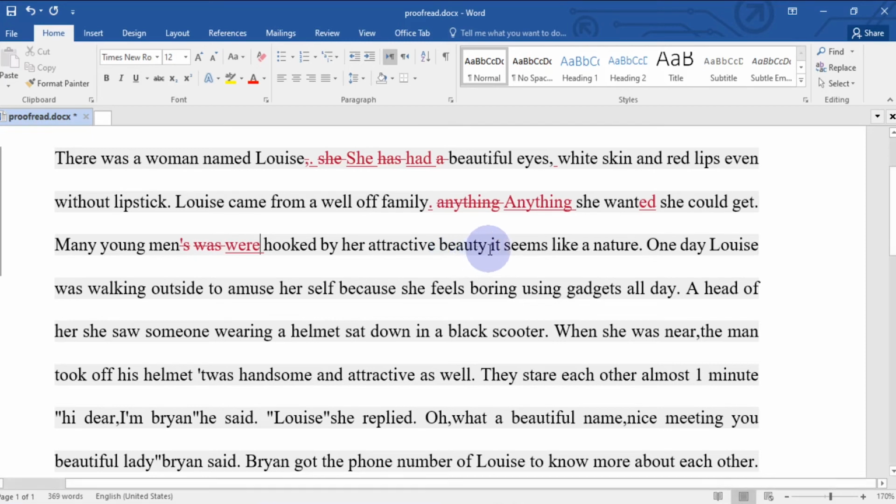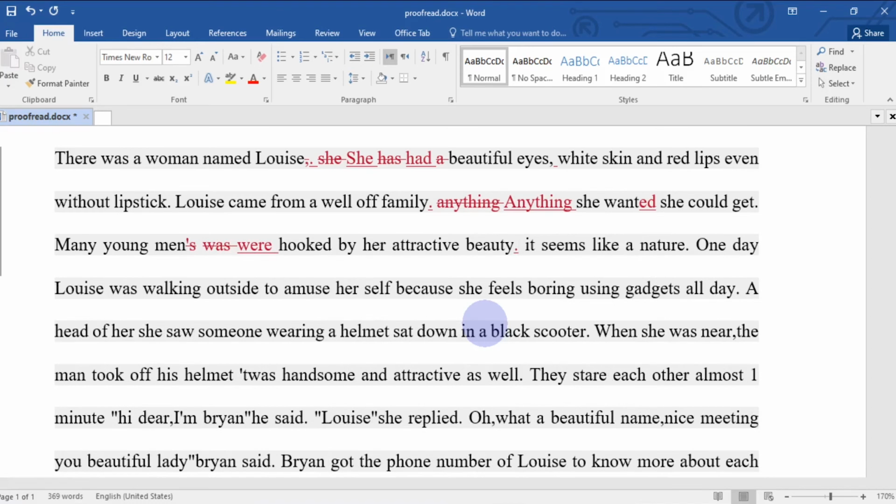Now, this is a new sentence. It seems like in nature. This is a new sentence. So let's have a period right here, or a full stop. And of course, making the first letter capital.